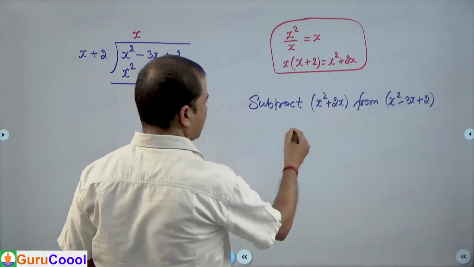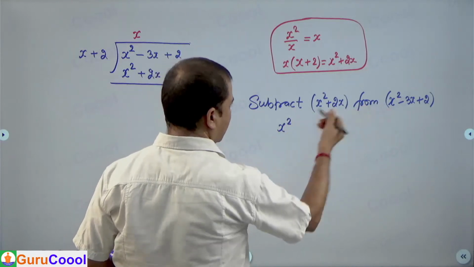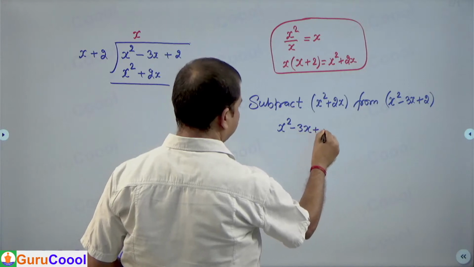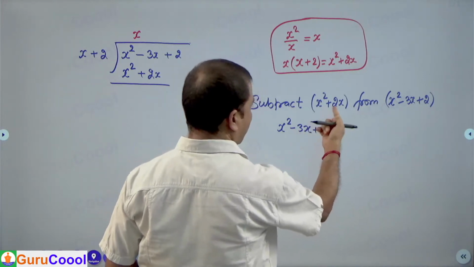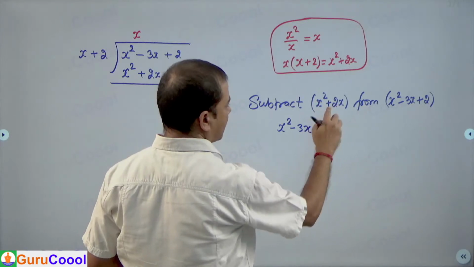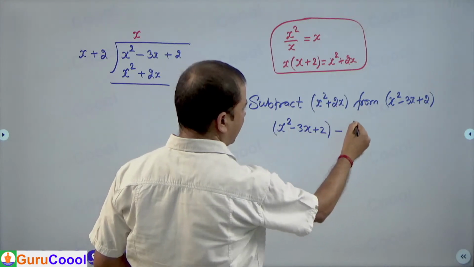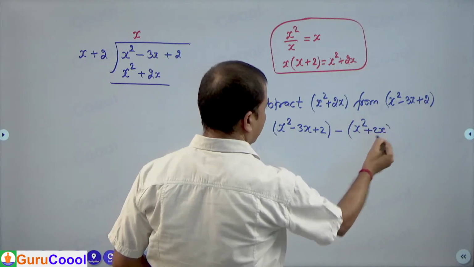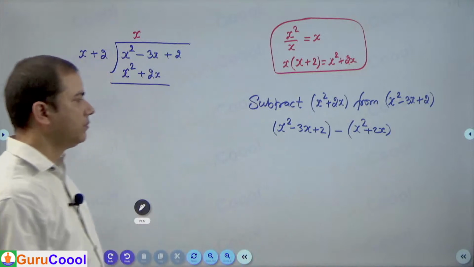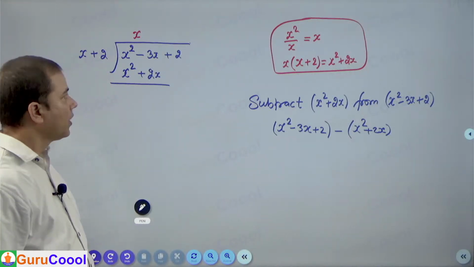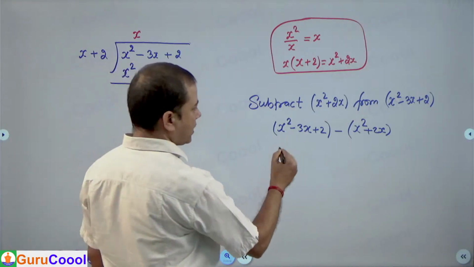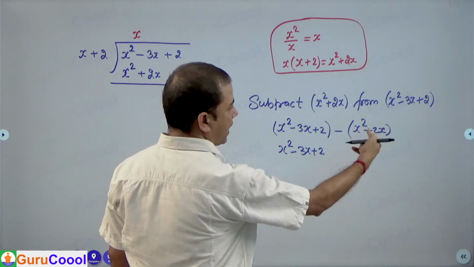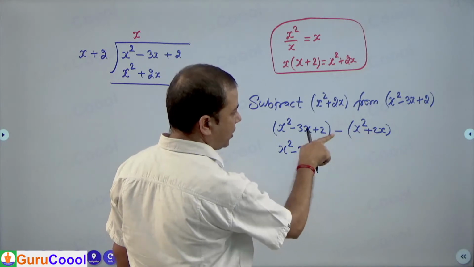You will write the first one, x square minus 3x plus 2, and then you write the second one by changing the sign, because you have minus sign before that, minus of x square plus 2x. This is how we subtract, right? Yes, sir. So the first expression remains as it is, but the second one gets both opposite signs because of this minus.